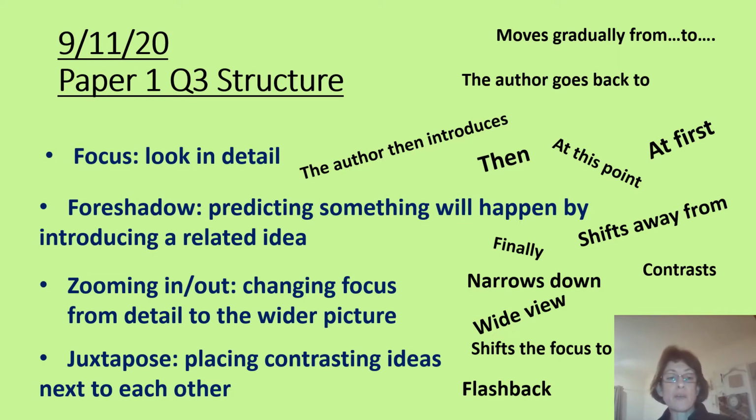All of these concepts appear in this 1984 extract, and we have some terminology on the right-hand side here. Okay, so those are some things that you could say when you're writing your answer.